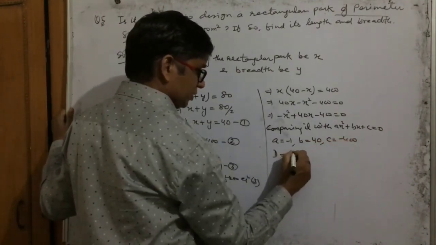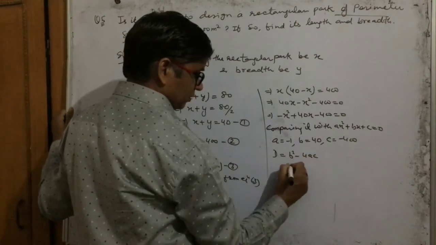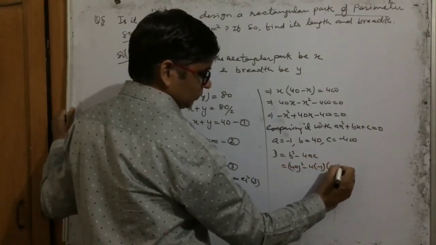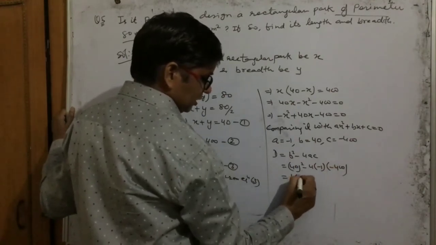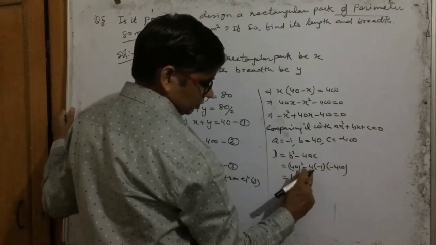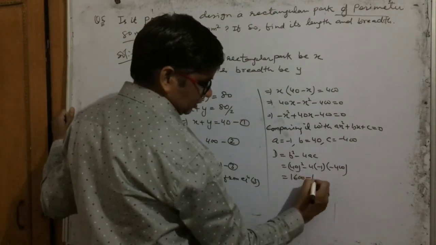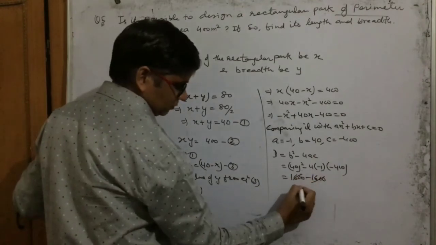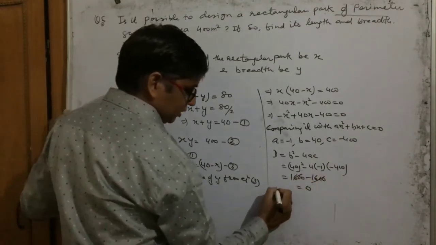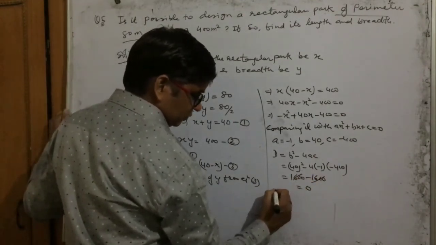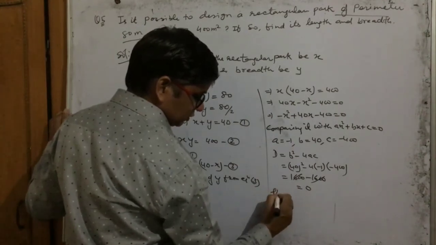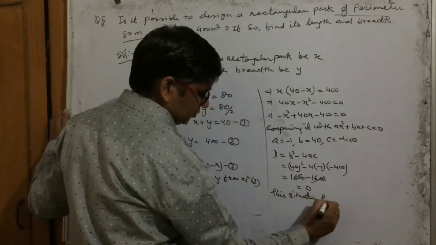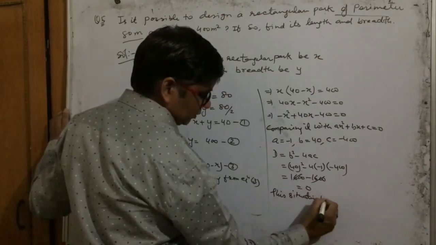So D equals b square minus 4ac. b is 40, a is minus 1 and c is minus 400. 1600 minus 1600. This is 0. It means D is 0, so this situation is possible.